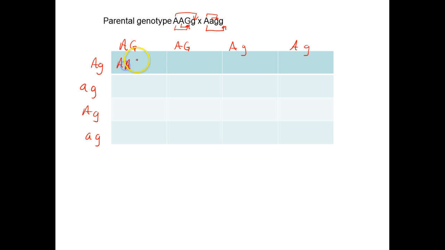So big A, big G, and that's big A, big G, and that's big A, small g, big A, small g. So what I'm doing is I'm taking this across and each one down in each column. Okay, so this one will be big A, small a, big G, small g, and then small g.